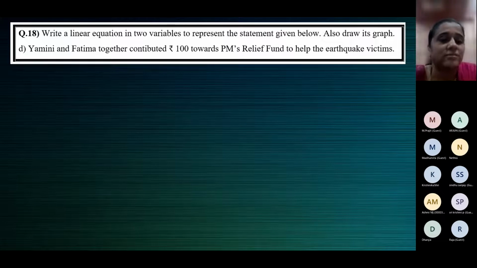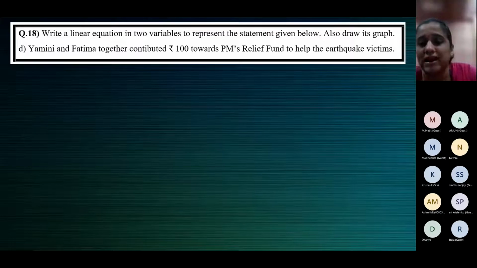Yamini and Fatima together contributed rupees 100 towards Prime Minister's Relief Fund to help the earthquake victims.